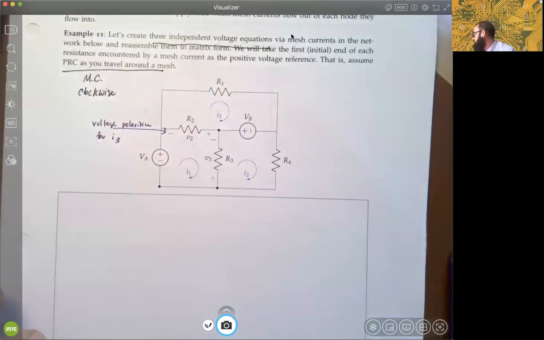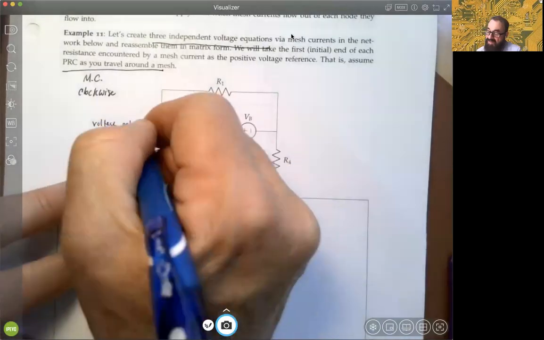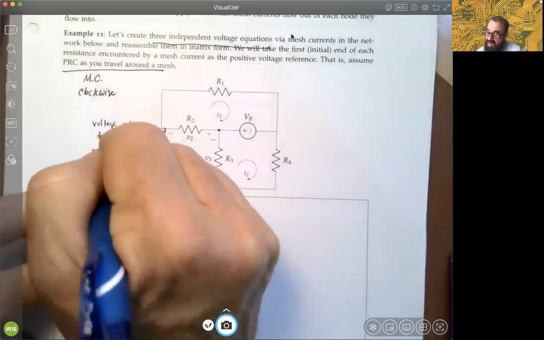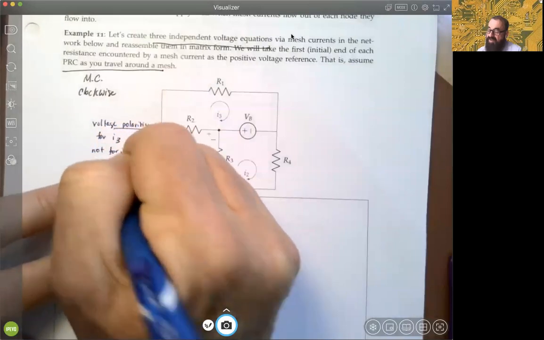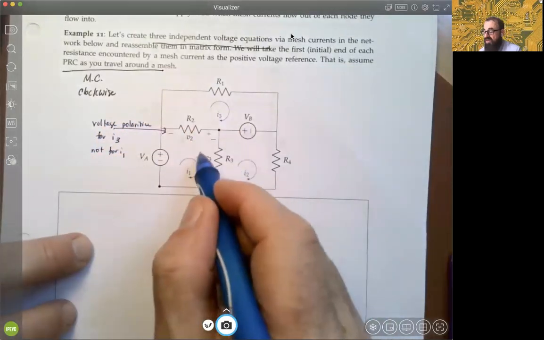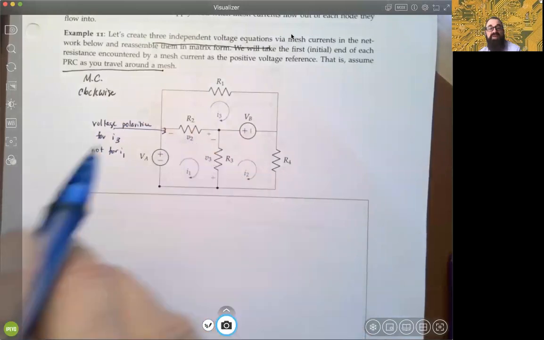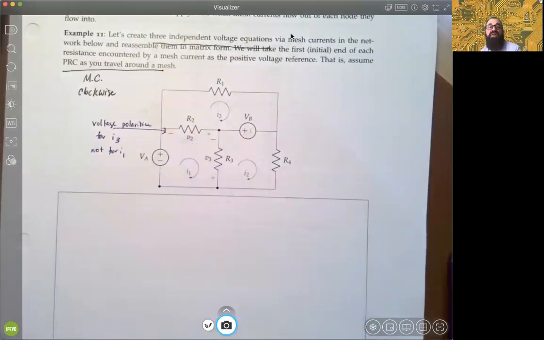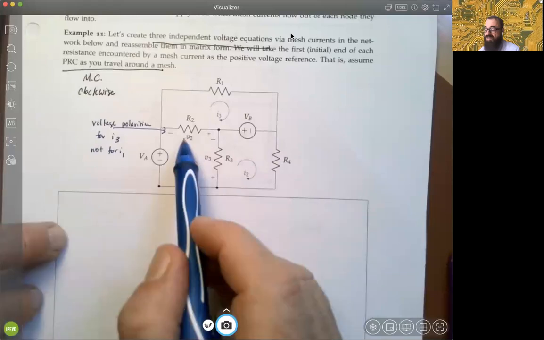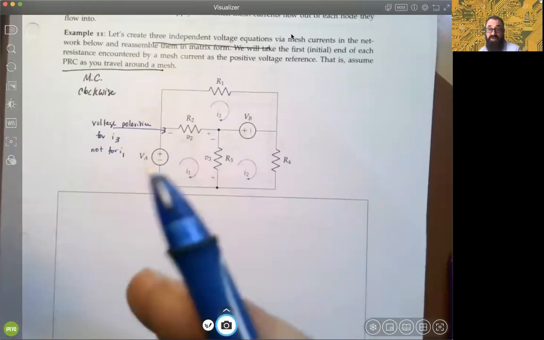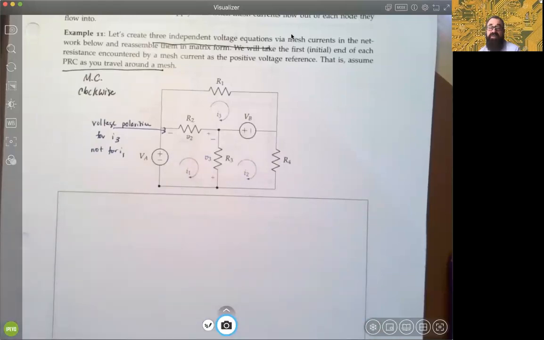These are not the voltage polarities for I1, because as that mesh current goes around, that would not be a PRC. So we will always assume PRC as we travel around, involving resistances, because given their reference within a loop, they have to absorb energy.